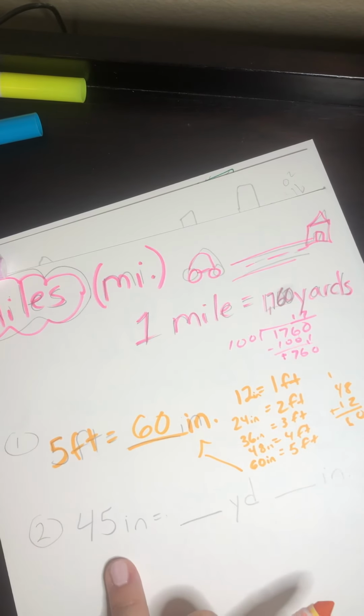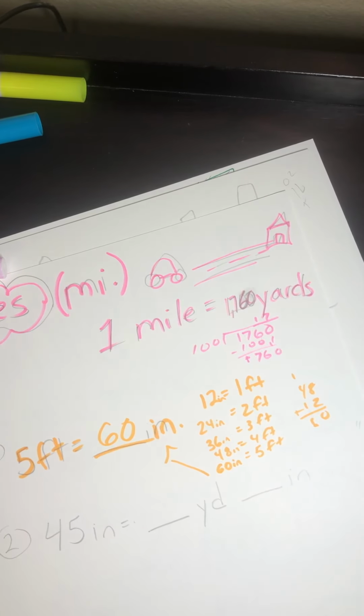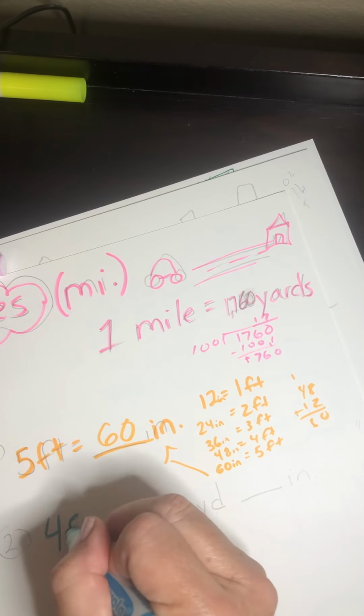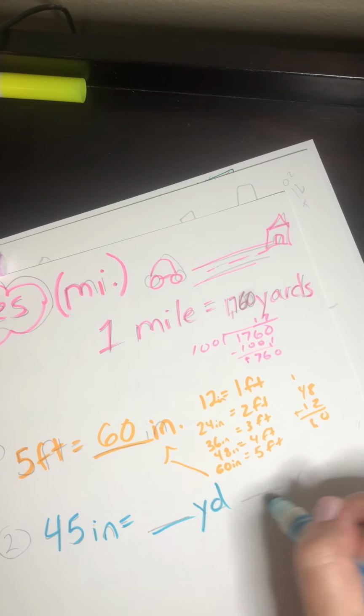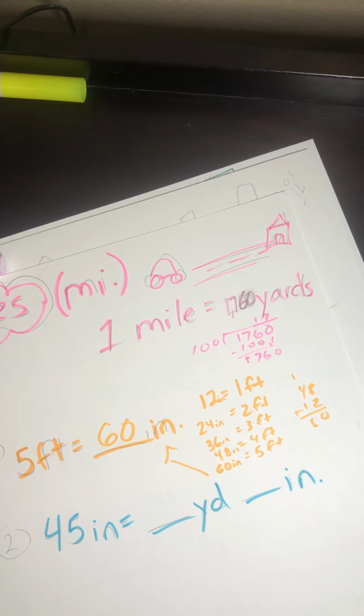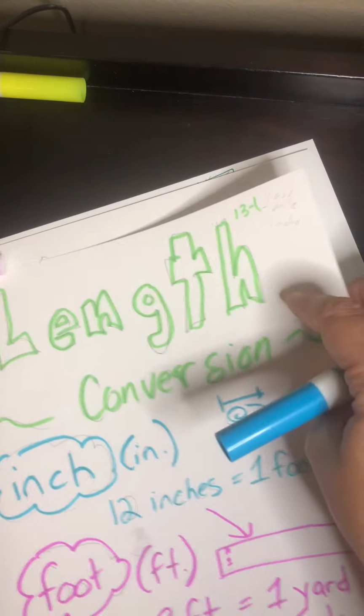Well, what if I had 45 inches and they want to know first how many yards, and then I'll probably have some left over. So 45 inches is the same as saying how many yards and how many inches. So in 1 yard, I'm going to go back to my anchor.